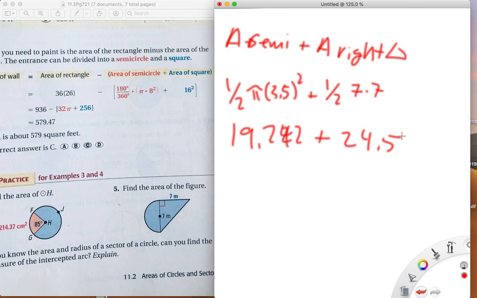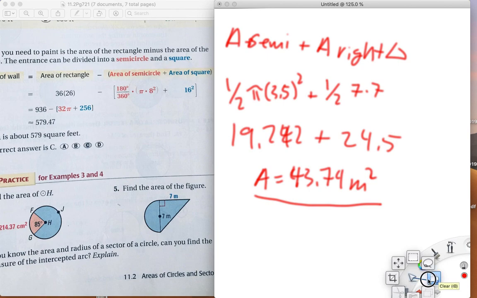And I get about 43.74. And this is going to be units when you solve these. Your units are always going to be squared when you do area.